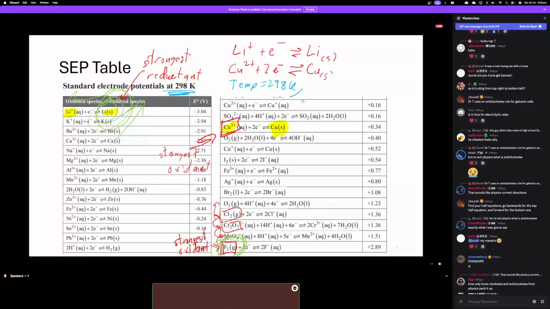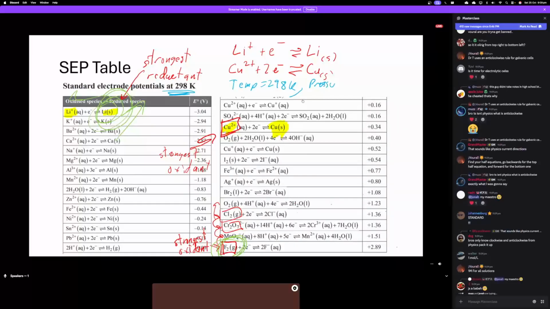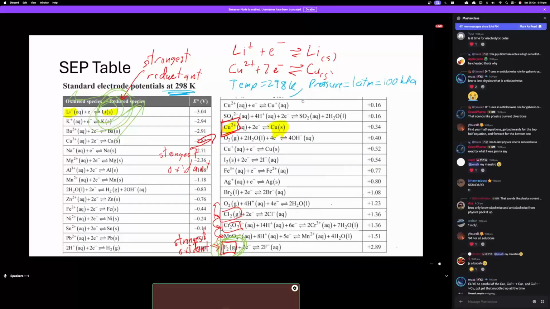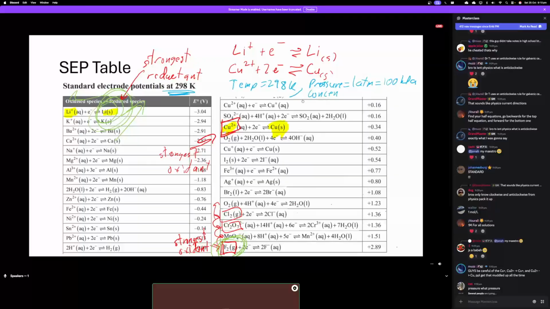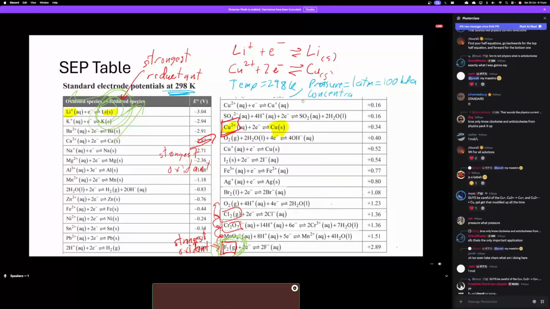Another one is the pressure is 1 atmosphere, which is 100 kilopascals. And the last one is the concentration of all of these, because some of these are aqueous. The concentration is 1 molar.